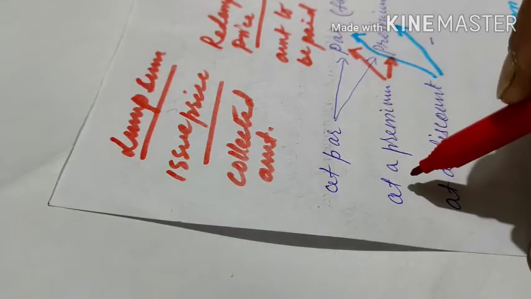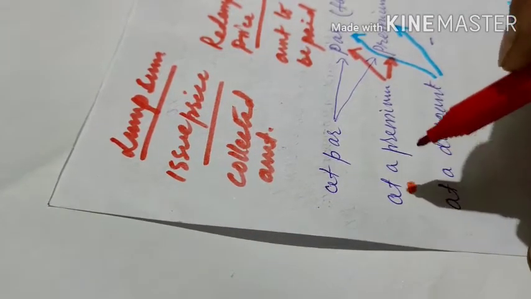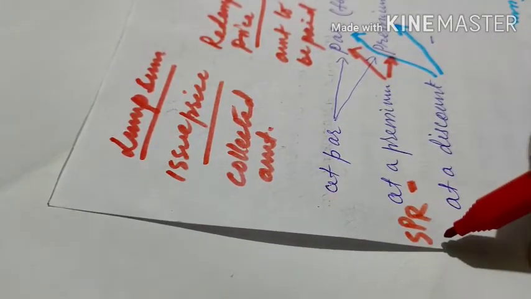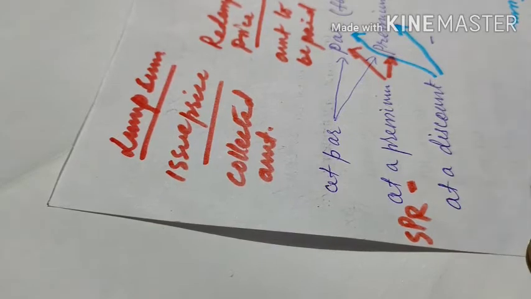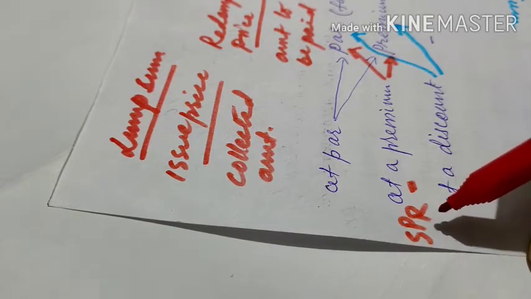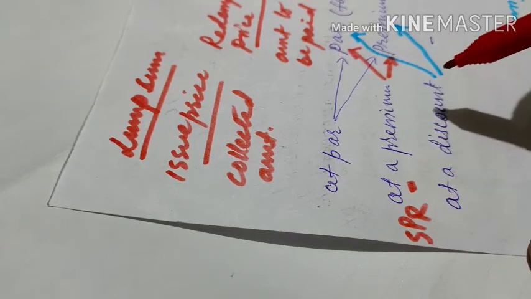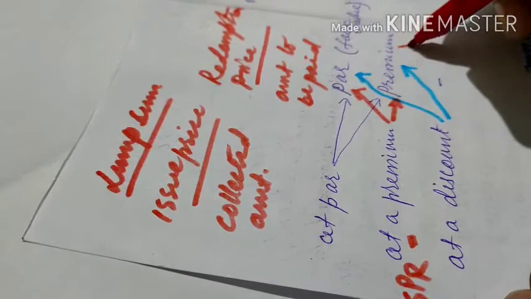Now, the very important point here is to understand: when debentures are issued at a premium, we will use the word SPR. That means Securities Premium Reserve. This word will be used when the debentures are issued at a premium. And when debentures are redeemed at a premium, we will use the word PRD.